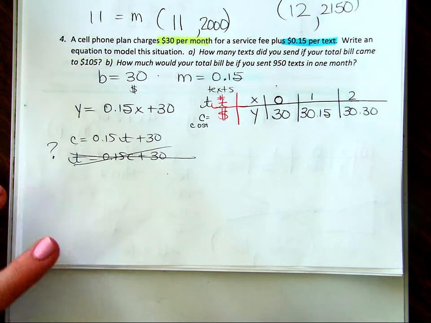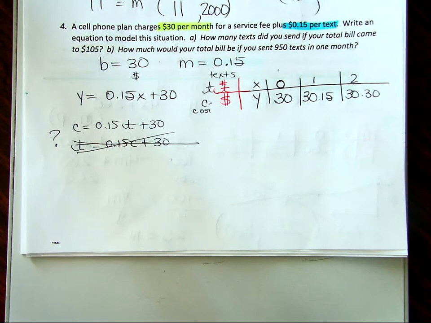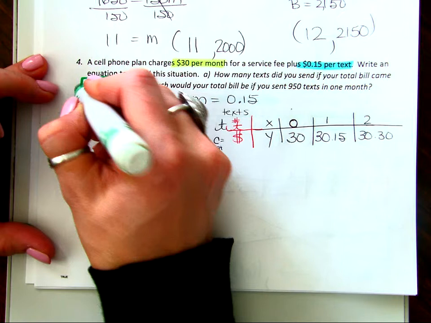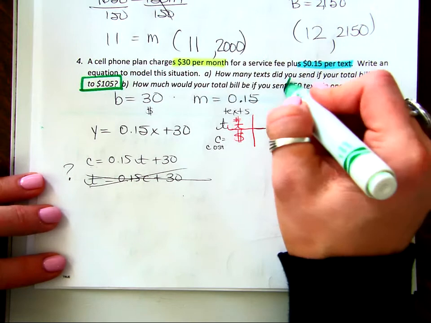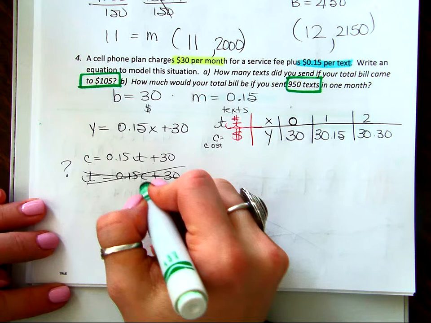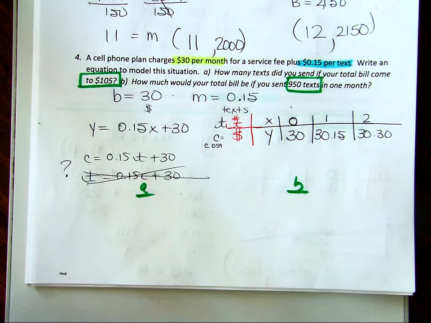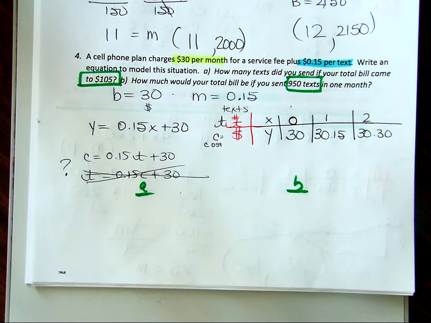So the next question is, if your bill is $105, that must mean you sent how many texts? Or you sent 950 texts. How much is your bill? Do you see how I'm asking you both? Let's finish this off. So 105 is your C or your T? Cost.